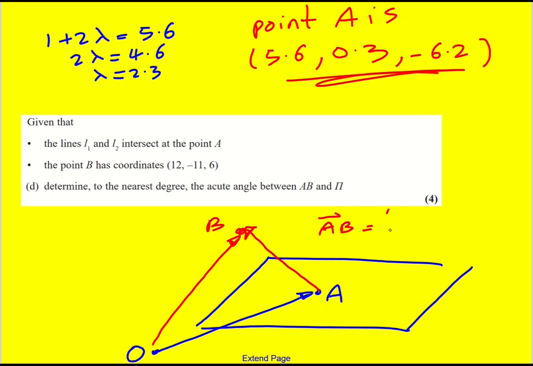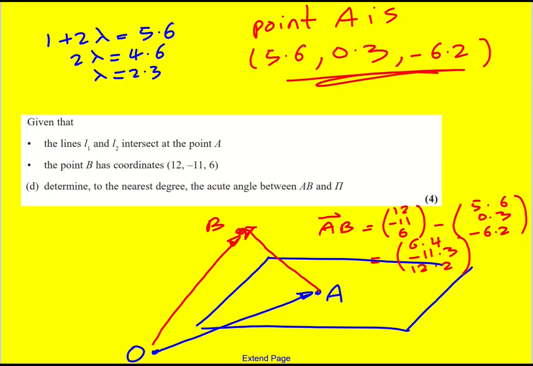So AB will equal 12 minus 5.6, 6 minus 0.3, minus 6.2 minus... This ends up being 6.4, minus 11.3, 12.2. Right, so that is our vector, and we want to find, to the nearest degree, the acute angle between AB and the plane.